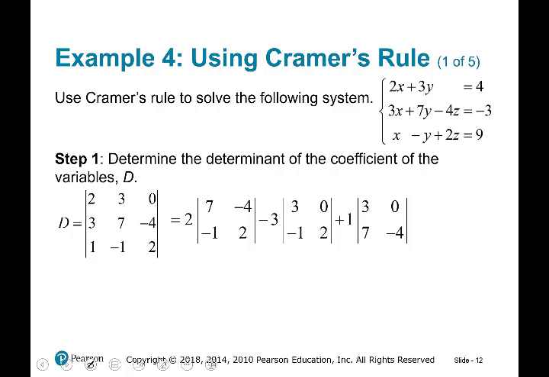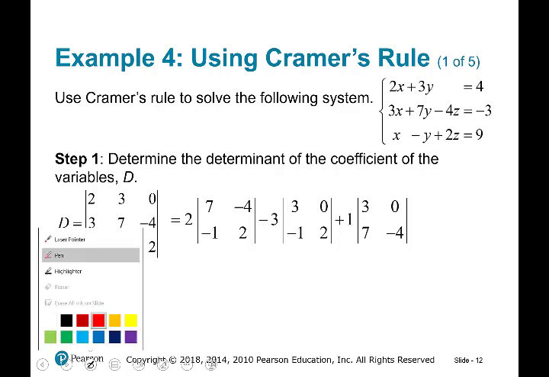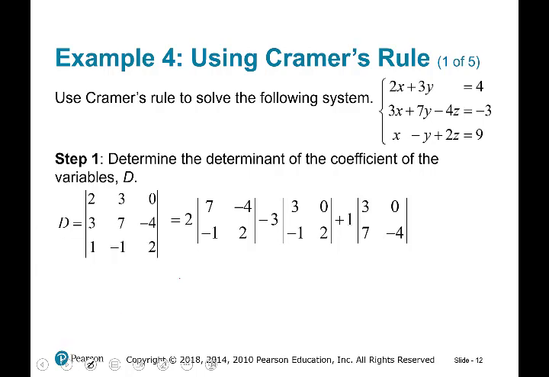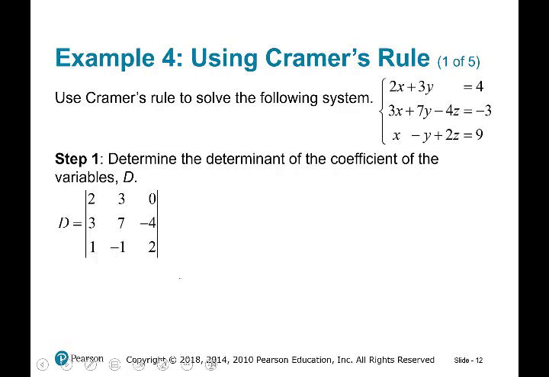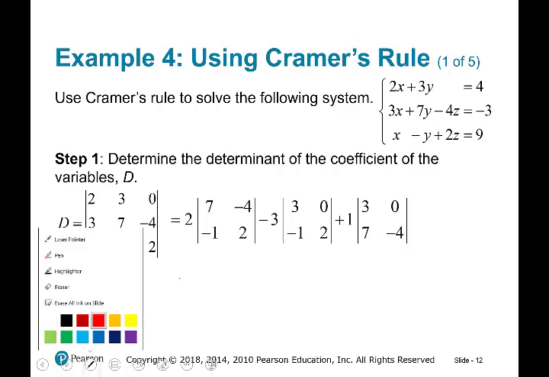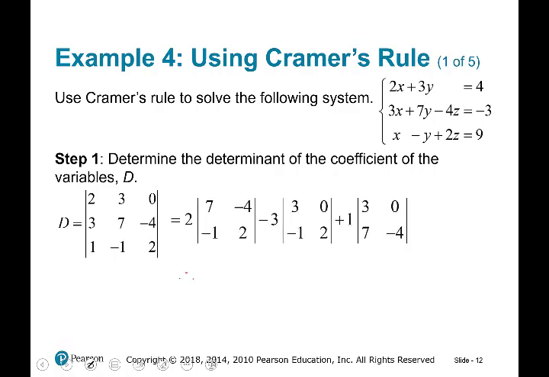Another option will be to go here to doing 2, and then I'm left with 7, -4, -1, and 2, -3.